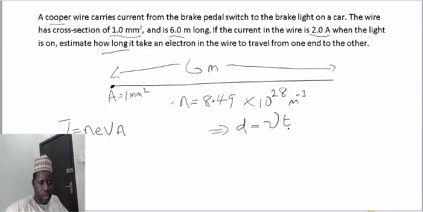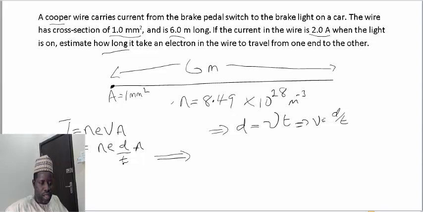This implies that velocity can be evaluated from the ratio of distance over time, so our new expression is the length of the wire over the time taken, multiplied by the area.